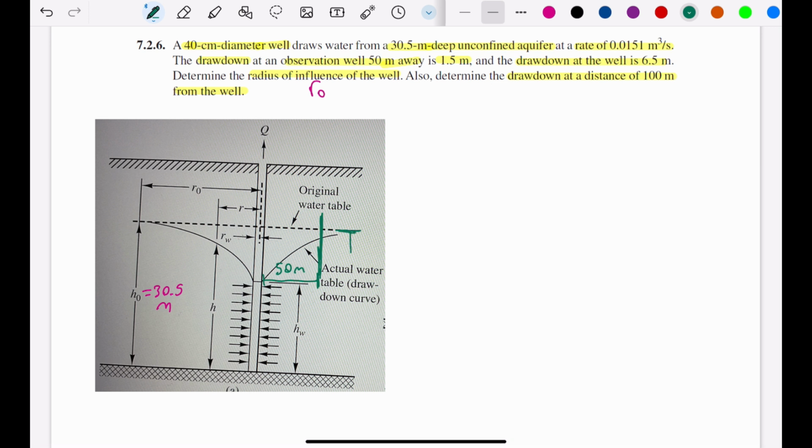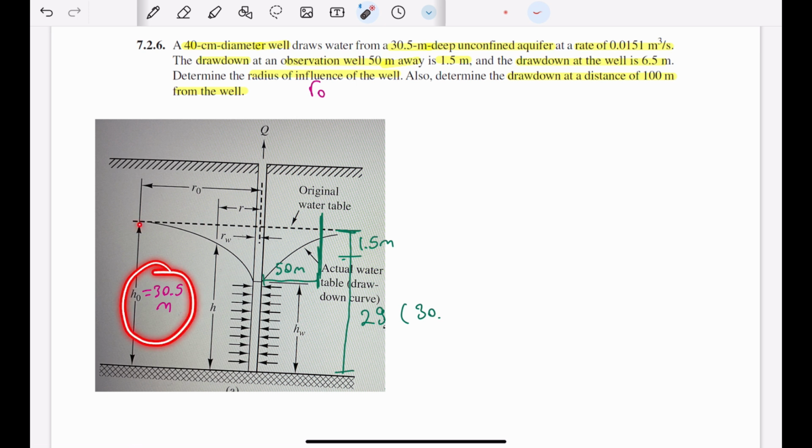So from here, we will have 1.5 meters. Therefore, we will have a distance from that point, it will be 29, because we had 30.5 meters here, and we have 1.5, which makes this distance as 29 meters.